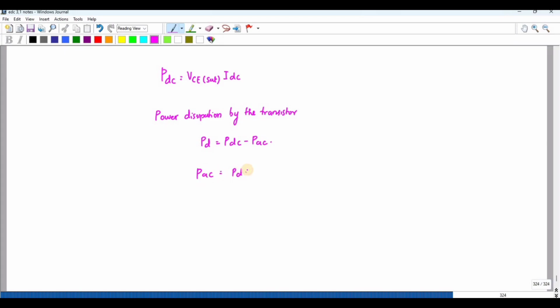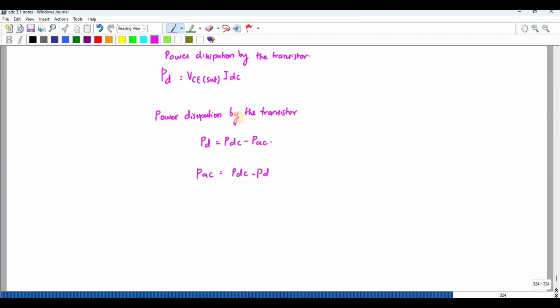So what is the value of PAC now? PAC is equal to PDC minus PD, where PD is the power dissipation by the transistor, that is when the transistor is on.